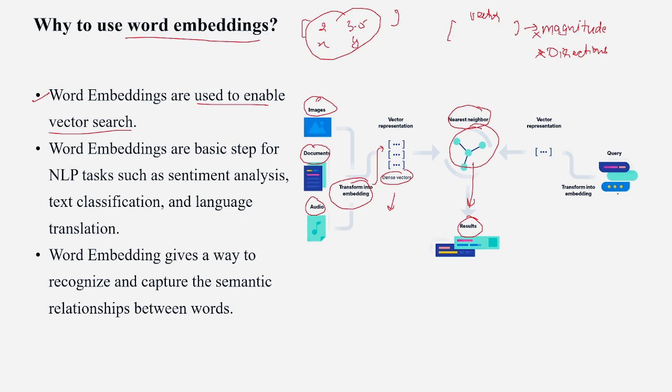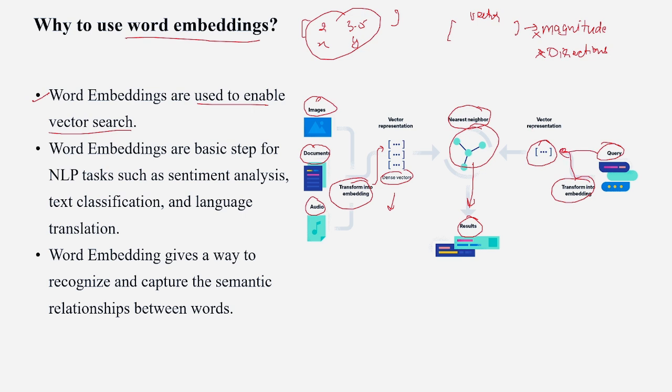Suppose we are doing an NLP task and the user gives a query. This query is again turned into embeddings. We have seen that a query or any sentence given to the computer is not understood by the computer, so the query is transformed into embeddings, which is the vector representation of this query.